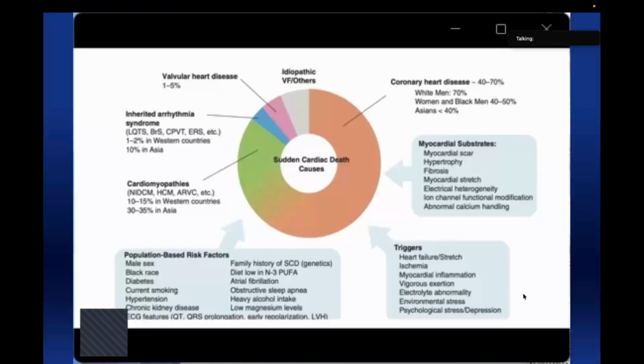Then you have your cardiomyopathies, your inherited arrhythmia syndromes, valvular heart disease, and others, like idiopathic ventricular fibrillation.